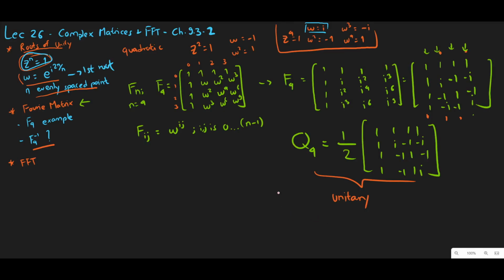So we have the property Q4 Hermitian Q4 is I, and then we can find, of course, the inverse of Q4, which is Q4 Hermitian. And from here we can go back to F4 by multiplying by the length factor. From here we can get F4 again.